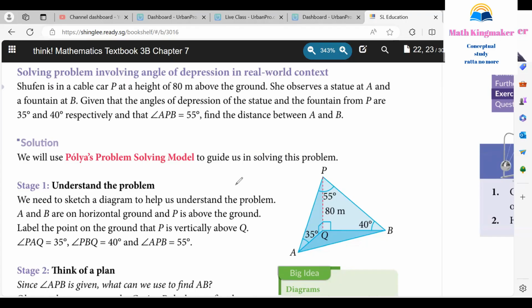Now you can use trigonometry here to calculate the distance AB, and that AB you can calculate now.